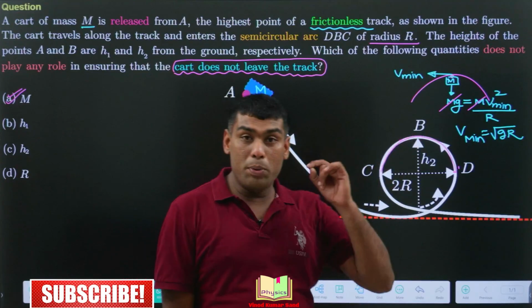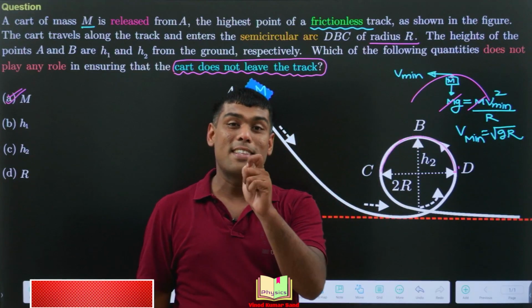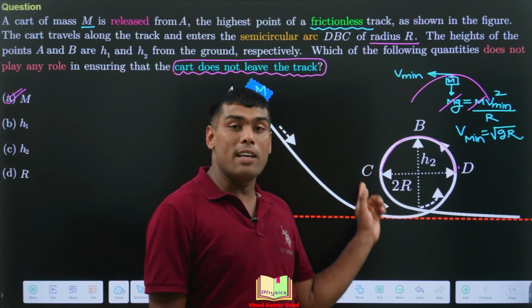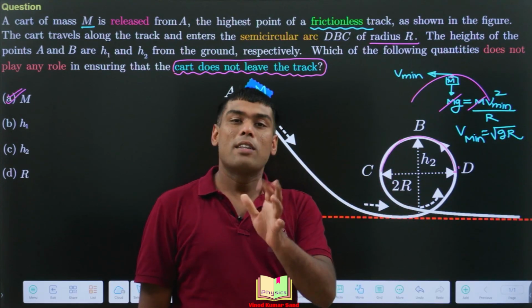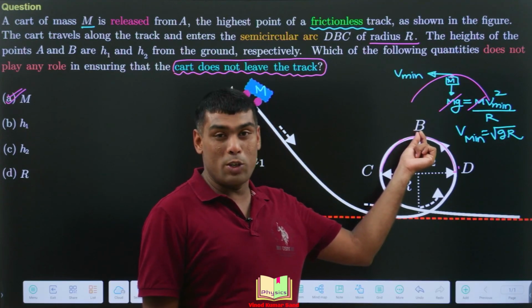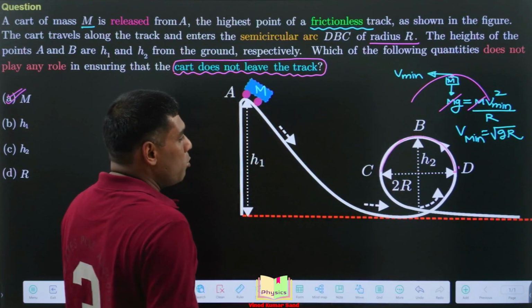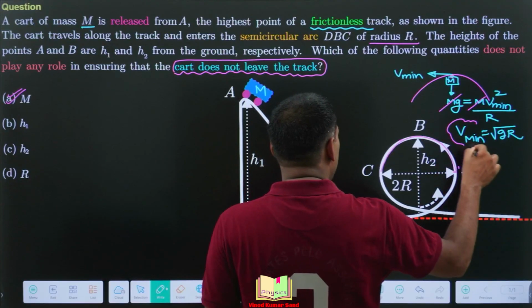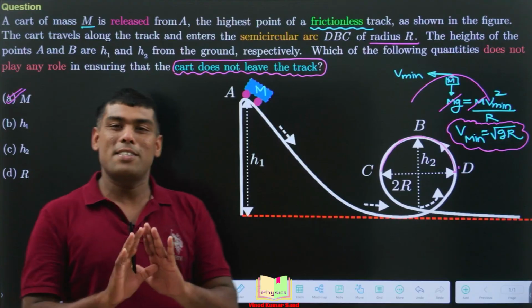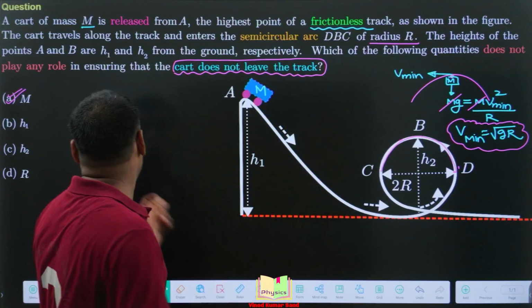At the point B, if this cart has the minimum speed root gr, then it can easily complete this loop, this vertical circle. Momentarily the normal will be 0 here. Now if you check the formula of V minimum, there is no term of mass here, so the mass has no use. Answer should be A.